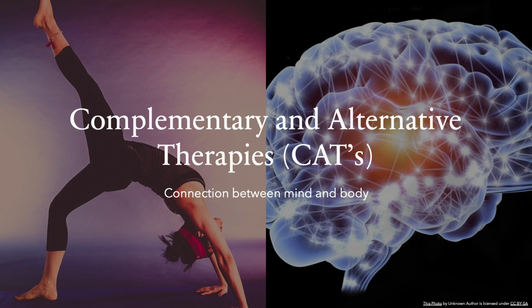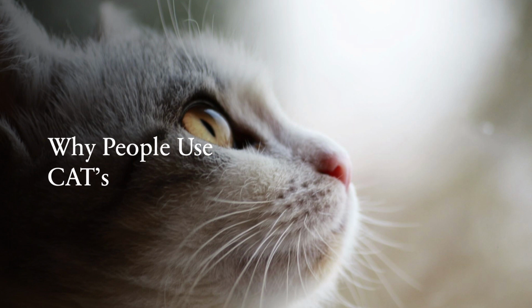Complementary and alternative therapies, CATs, deal with a connection between the mind and body and are viewed as holistic healthcare, which means dealing with the biopsychosocial and spiritual components of the person. Complementary therapies are used in addition to traditional medical practices.